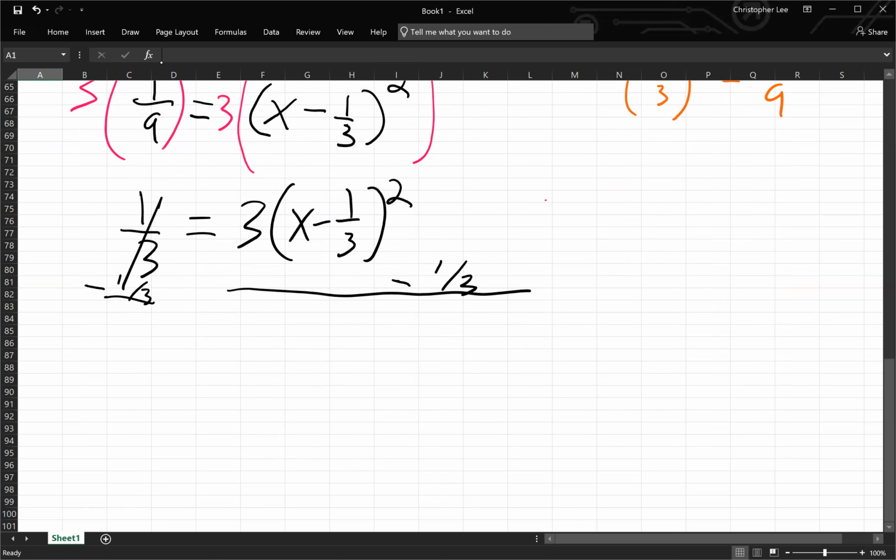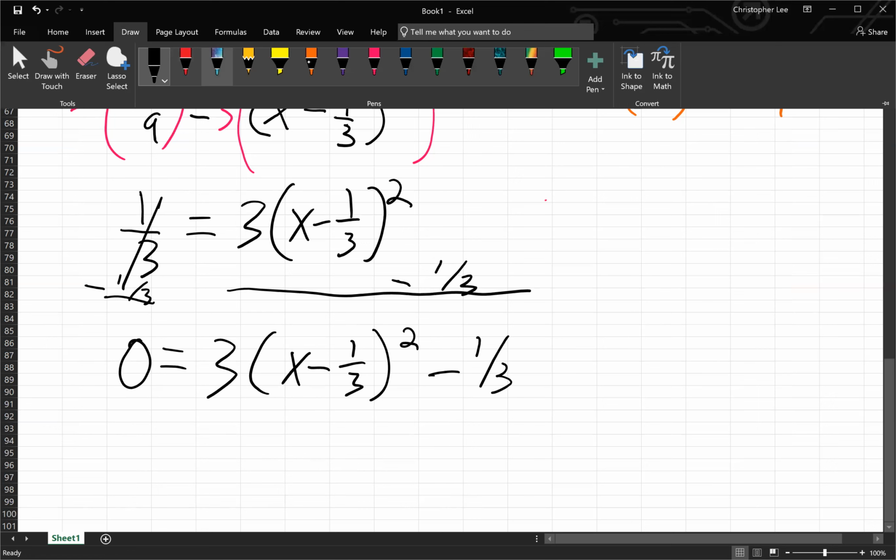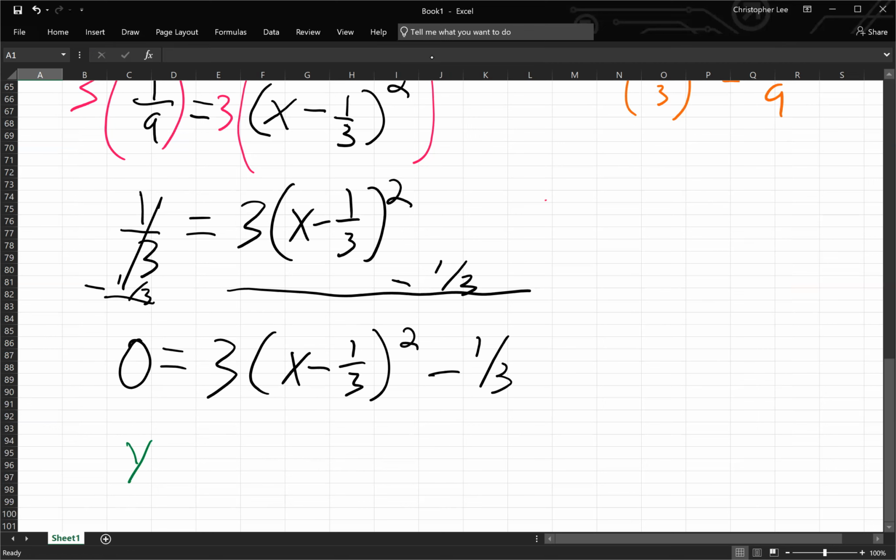And then now, what do I have? 0 is equal to 3 times x minus 1/3 squared minus 1/3, right? So now, here's what I want. I have y is equal to a times x minus h squared plus k.